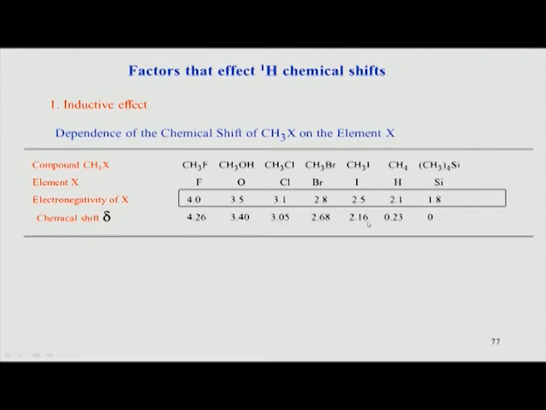Both are halides, but because chlorine is more electronegative than iodine, the inductive effect of iodine is less than that of chlorine. Therefore, a CH3I molecule will have a hydrogen coming upfield shifted compared to CH3Cl. And methane, which is all hydrogen atoms, a symmetrical molecule, is the most upfield shifted, and it will come at 0. Remember again, we are looking at a reference.